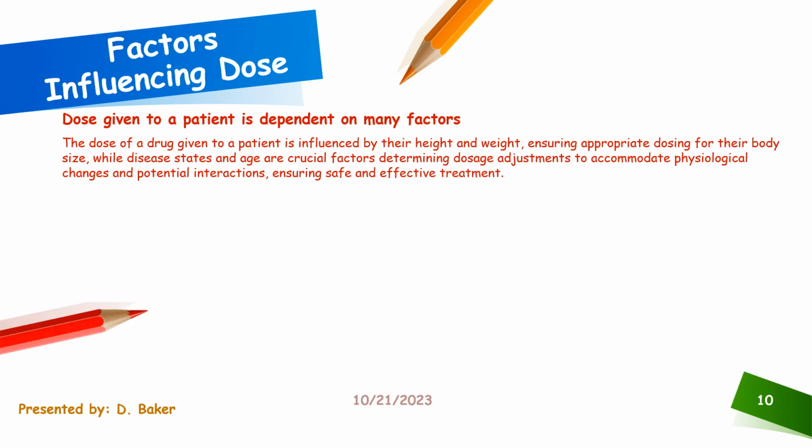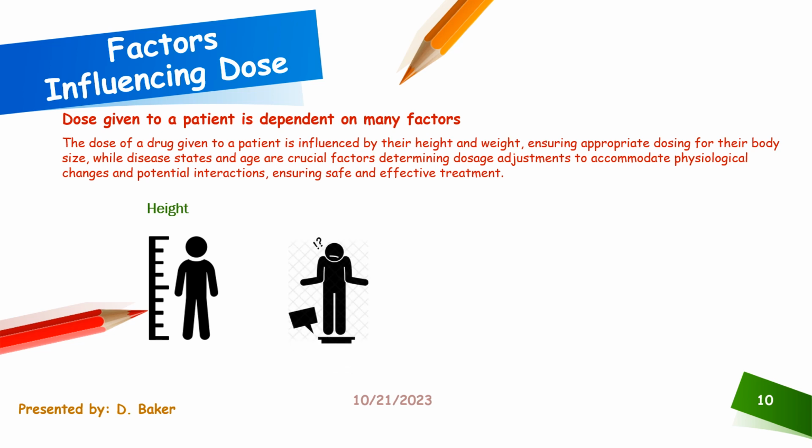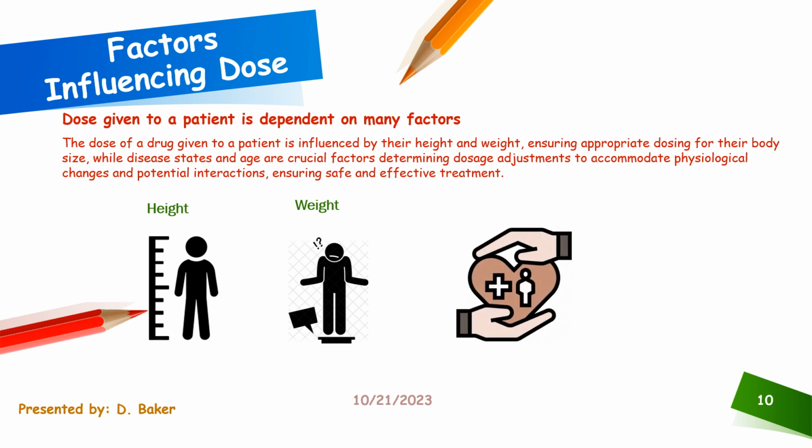There are various factors that can influence the doses that are calculated for patients. Some things to consider: you look at things such as the height of the patient and the weight of the patient, and these two are very critical, especially when we're doing calculations for BSA or body surface area, and using that information in our dose calculation. You also want to look at the health status of the patient.